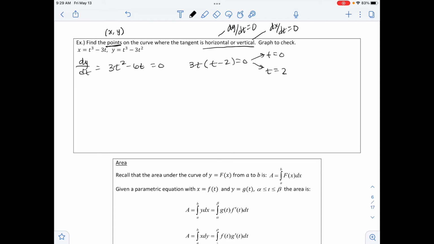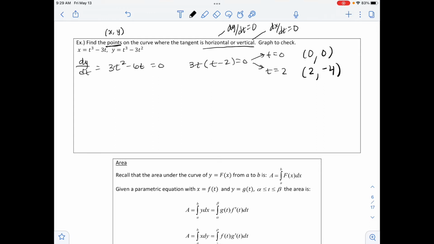And so when t is 0, our x value, if you substitute that in, you will also get 0. And substituting in t is 0 for y, you also get a y value of 0. Now substituting in 2 for x, we have 2 cubed minus 3 times 2, and working that out, we get 2. And likewise for y, we have 2 cubed minus 3 times 2 squared, which works out to be -4.